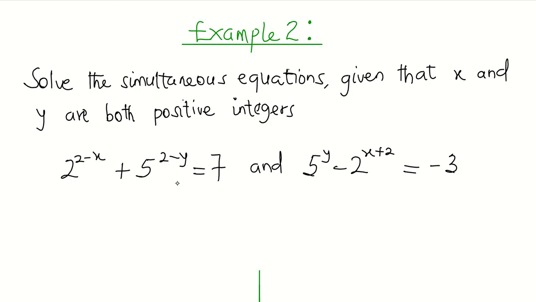Since we cannot express them to have the same base so that we can equate the exponents, we have to go by this procedural fluency. And we have the first one as 2 exponent 2 minus x plus 5 exponent 2 minus y is equal to 7.